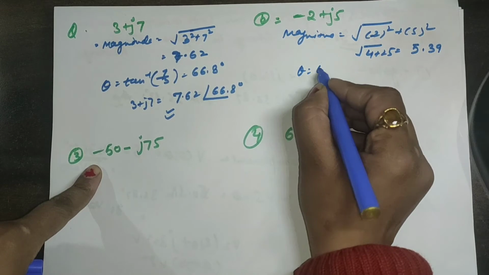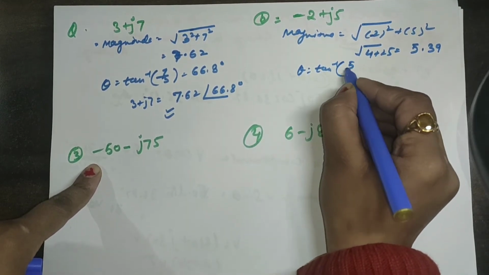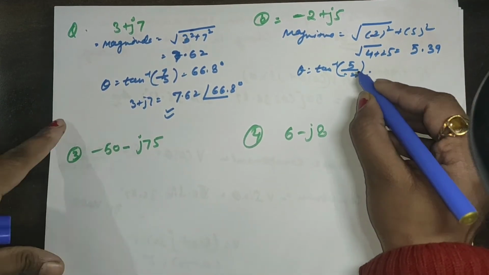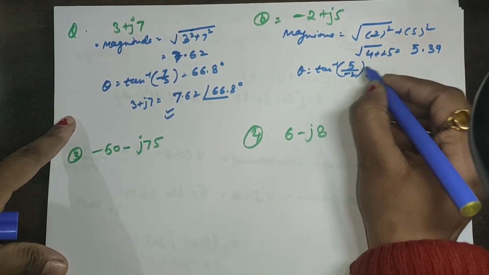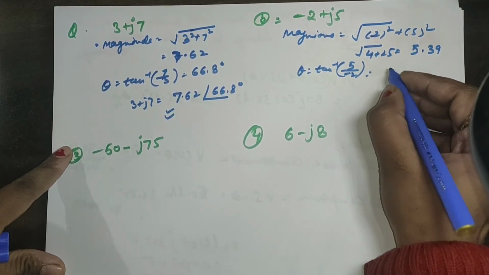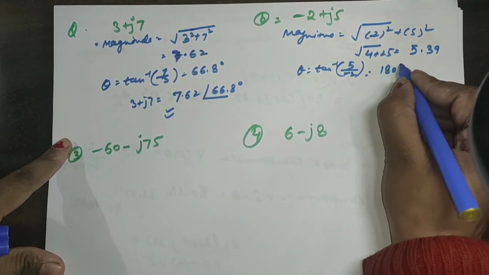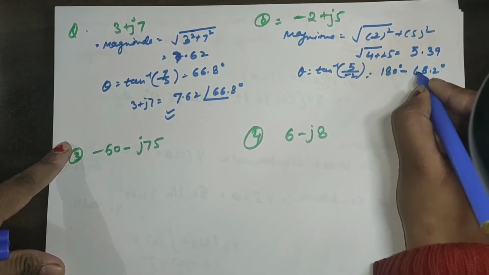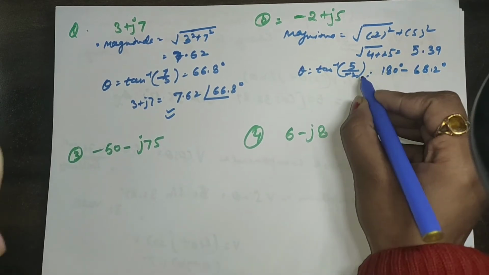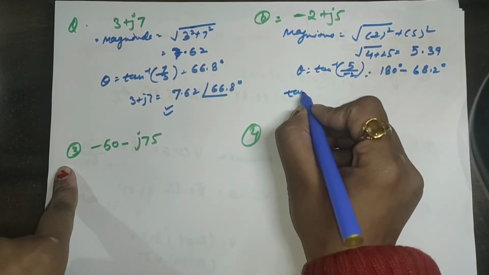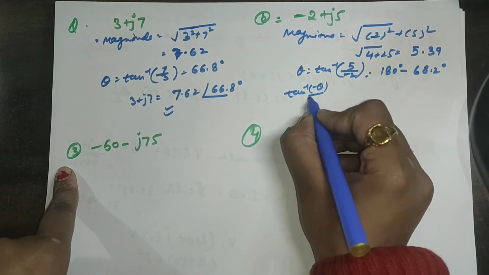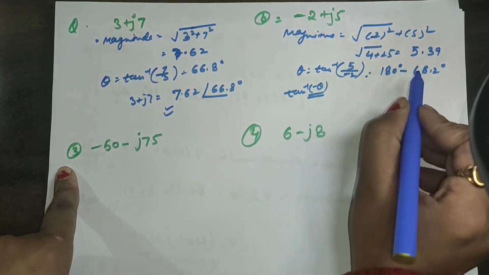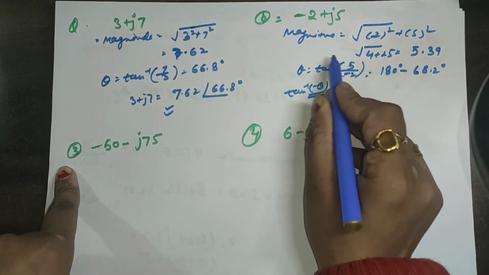Now theta will be tan inverse 5 upon minus 2, that is tan inverse minus theta, which we take as 180 degree minus 68.2. Why do we do this? Because if we take a minus theta, that will be in the clockwise direction, but we want the value in the anti-clockwise direction.